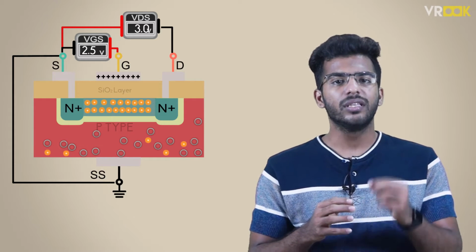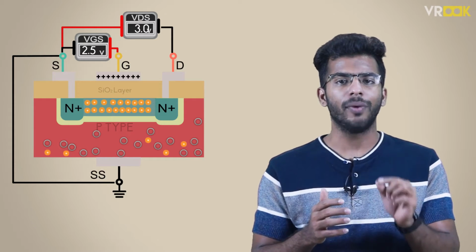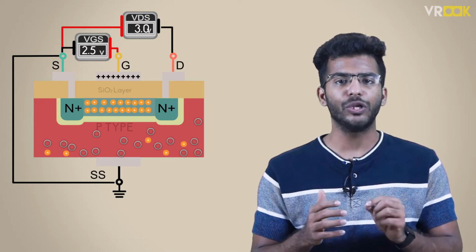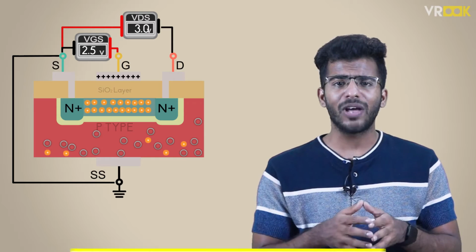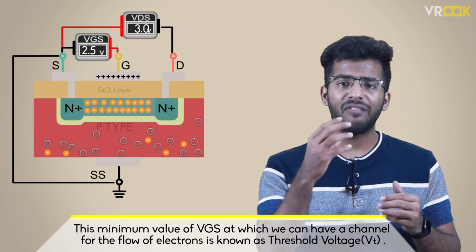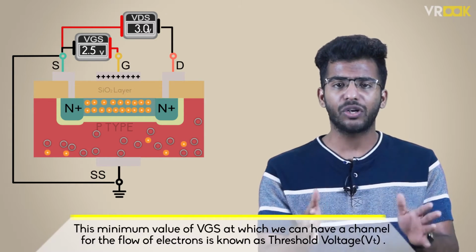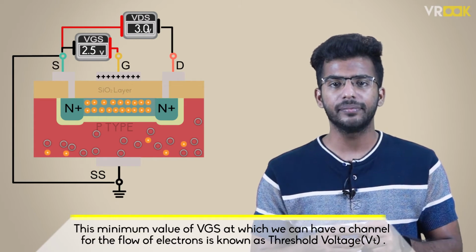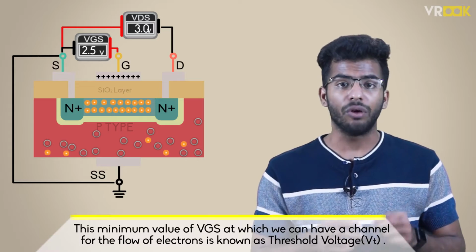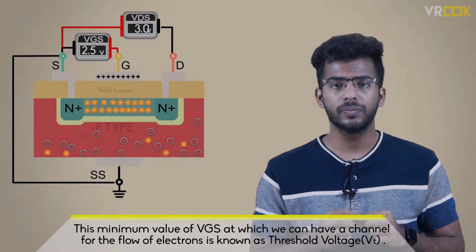As we observe, the channel will not form until the VGS value has reached a certain minimum value. The minimum value of VGS at which we can have a channel for the flow of electrons is known as the threshold voltage VT. It will be in the range of 1 to 3 volts.